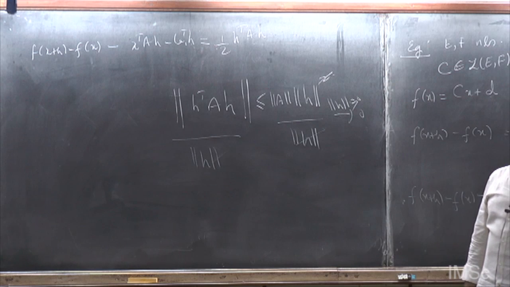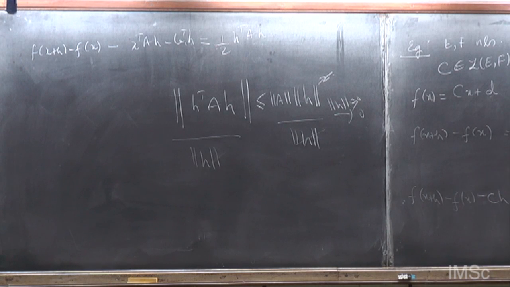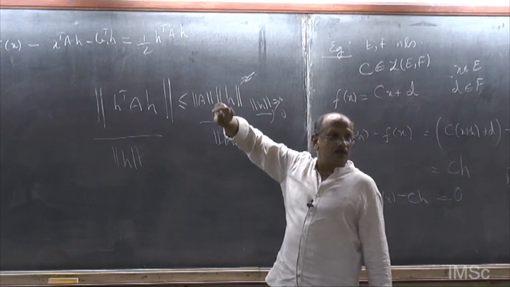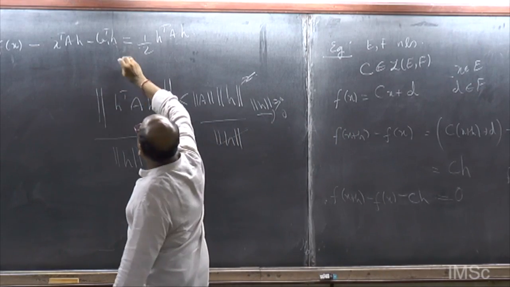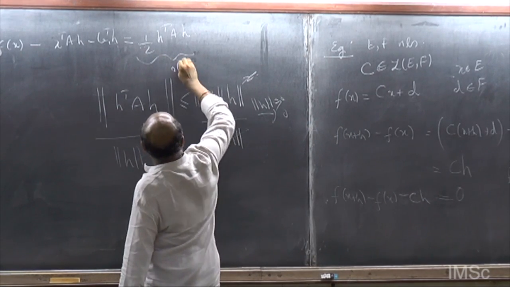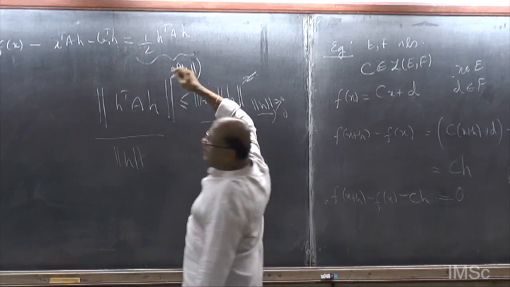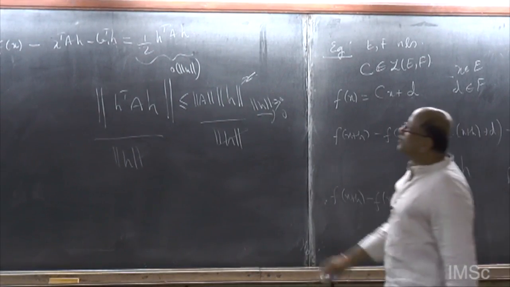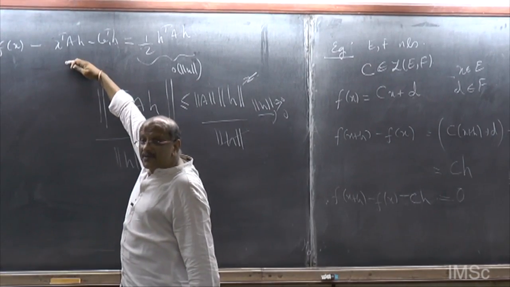Okay. Agreed? So, this term is like h square. So, if you divide by h, it goes to 0. So, this whole thing is little o of norm h, because when I divide by norm h, it went to 0. Then my definition tells me this has to be the derivative.